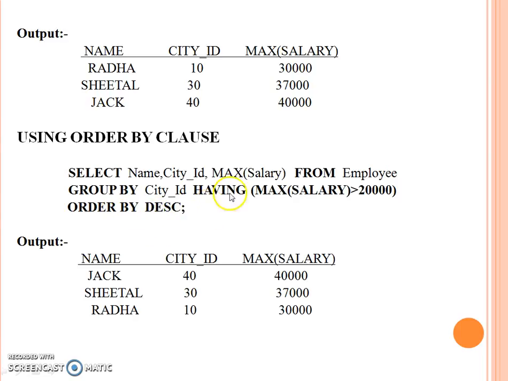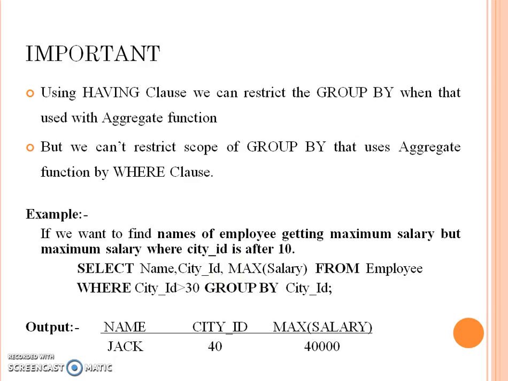And here, if I am preceding my same query with the order by clause and explicitly giving DESC, that specifies that I want the column results of city ID that has been grouped to be sorted in the descending order of the results, right? So the one city ID that is getting the maximum paid employee will be the first in the record set. So that was all about the group by and having clause.